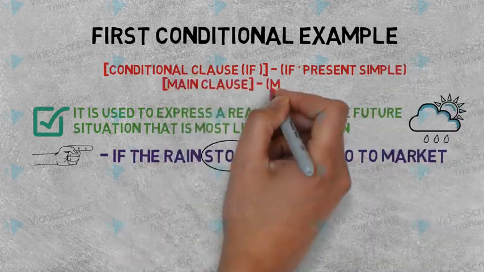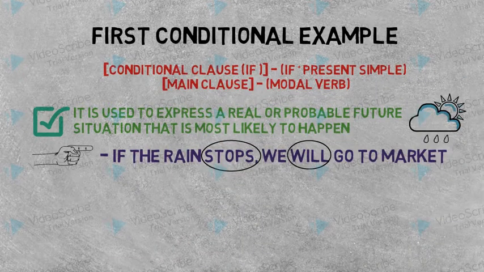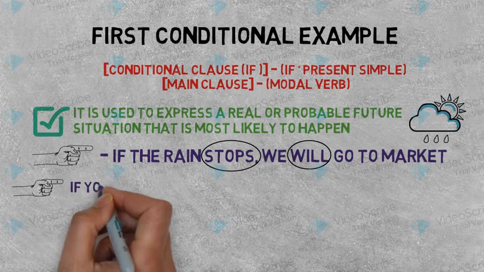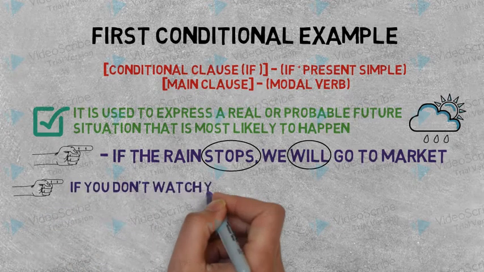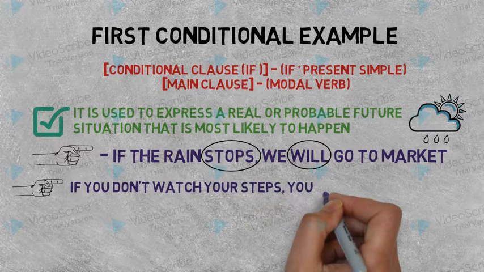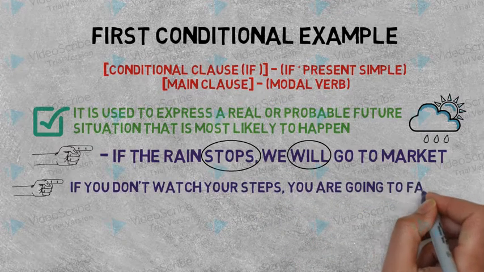Looking at the structure, we'll use present simple in the condition clause as well as the modal verb in the main clause. The modals that we can use with the first conditional are may, must, can, should, have to, might, be verb plus going to. Let's have a look at the other example. If you don't watch your steps, you are going to fall over.